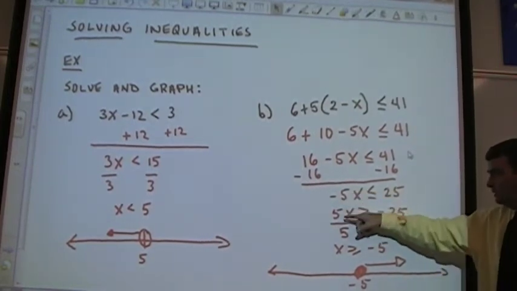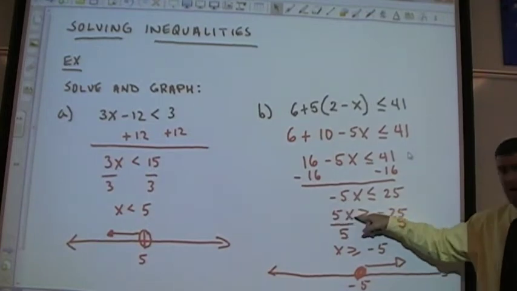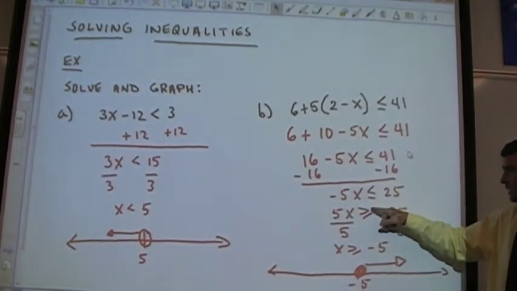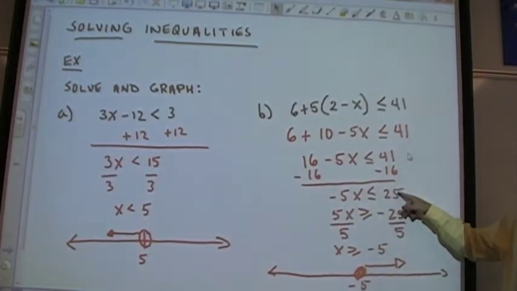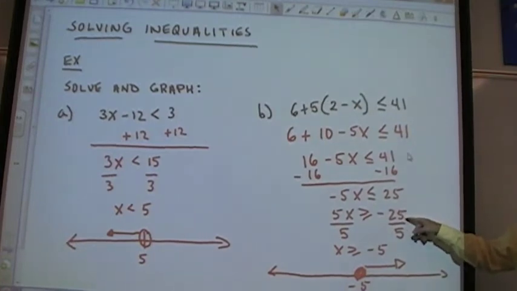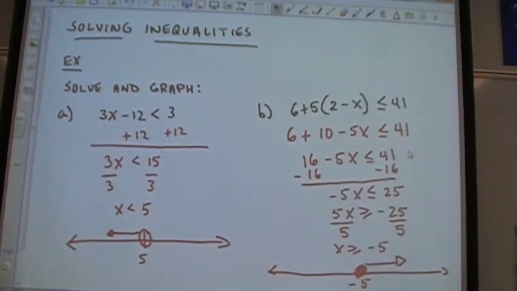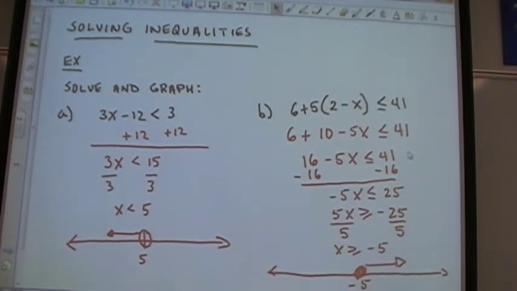So from here to here I changed this from negative to positive, changed this from less than to greater than, changed this from positive 25 to negative 25. Using that method, you don't have to worry about remembering to change the inequality. But if you're okay with dividing and then changing the inequality, you're good.